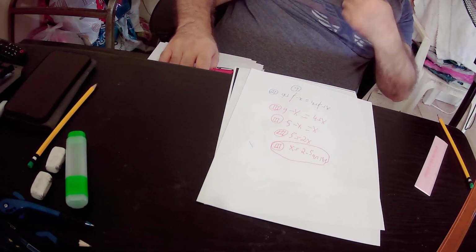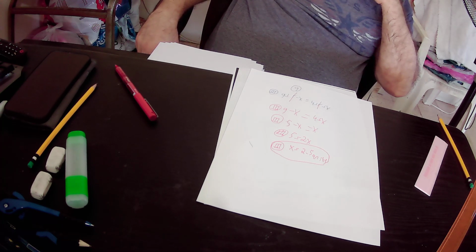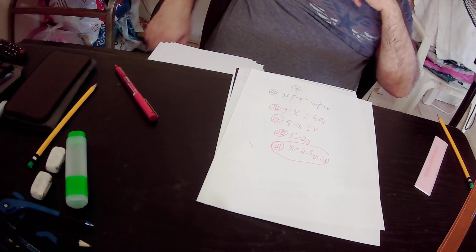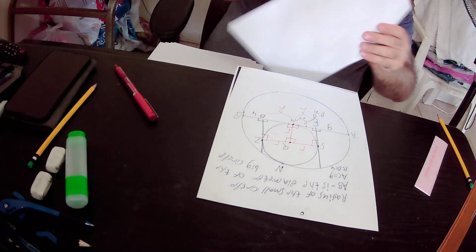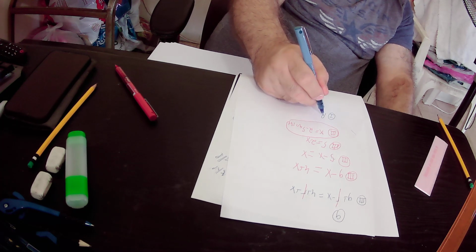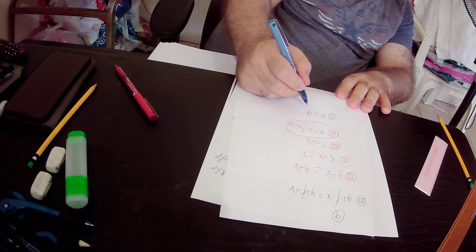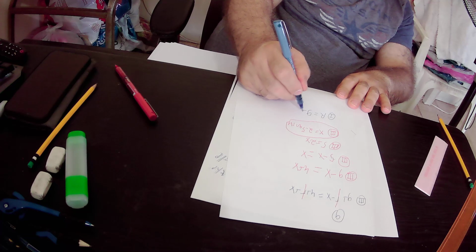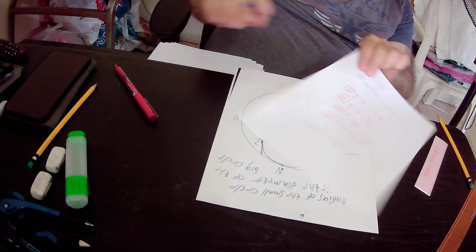So after we found the value of x, we can put the value of x in equation number 1, the expression for the radius of the big circle. Expression number 1 states that the radius of the big circle equals 9 plus small r minus x. Okay, that is equation number 1.